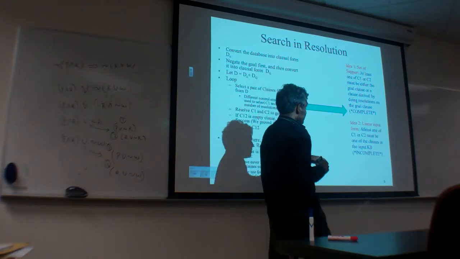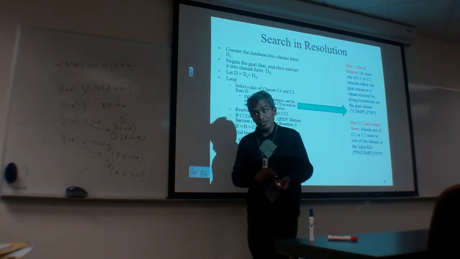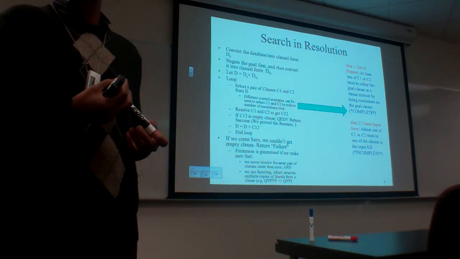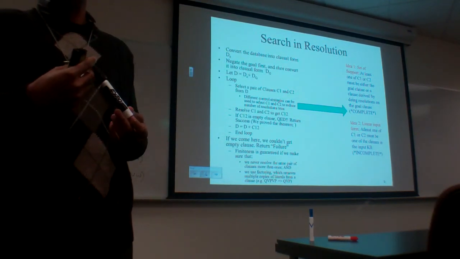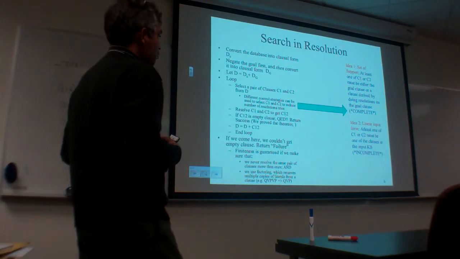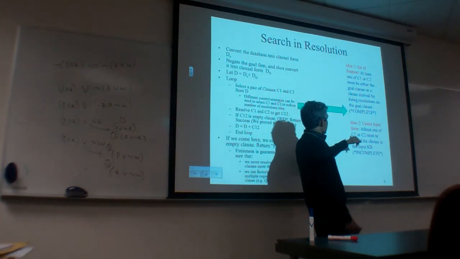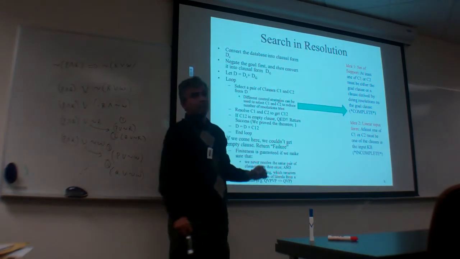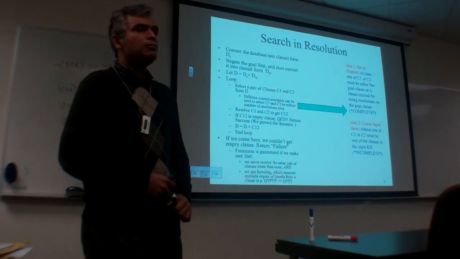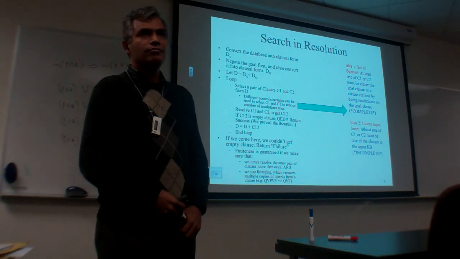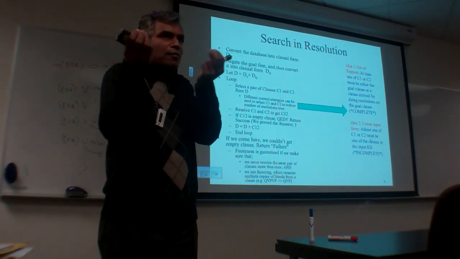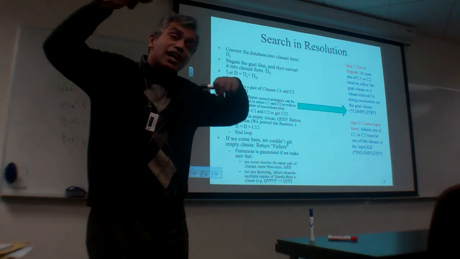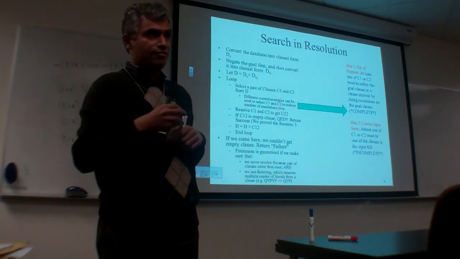Okay? Here is a different idea which turns out to be even faster in terms of cutting down the branching factor, but it turns out that it crosses into incompleteness. Where this one is saying at least one of the clauses, C1 or C2, must be from D. That means you will never be allowed to resolve two clauses which have been derived after you started.